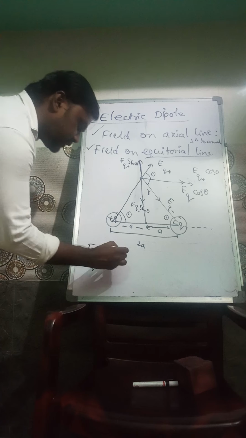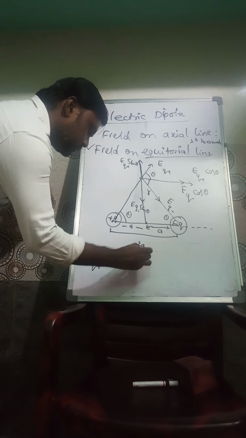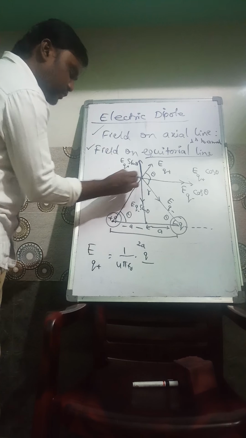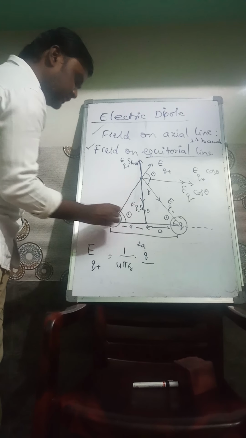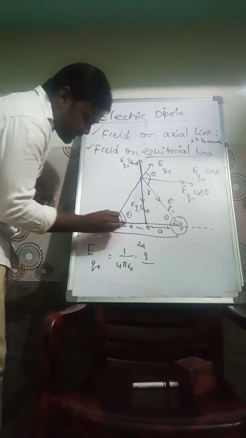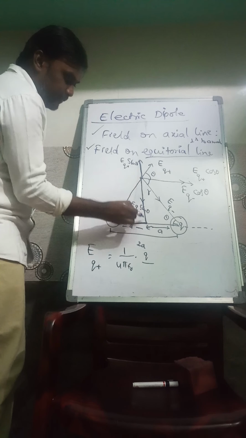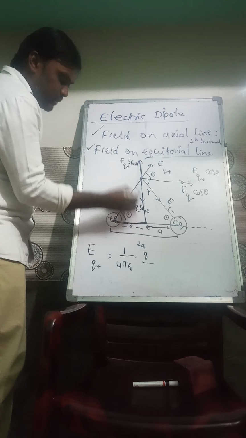What is the formula? Electric field due to a point charge is 1 by 4 pi epsilon naught, q by r square. Here r square means the distance from here to here. This is a right angle triangle, and this distance is a, and this distance is r. So from Pythagoras theorem, hypotenuse square is equal to side square plus side square.